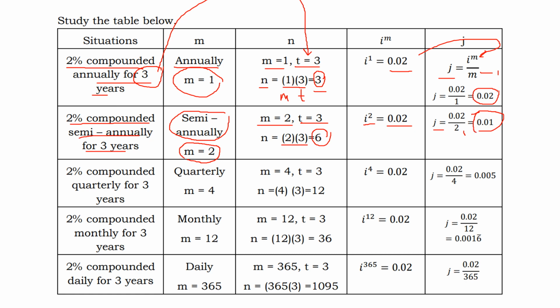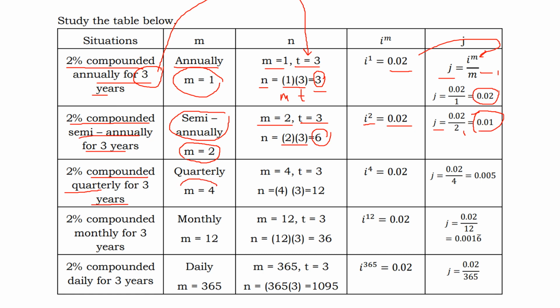In the next row, 2% compounded quarterly. Please do take note of that. There are 4 quarters in a year. When we're dealing with per quarter, it represents 3 months. So if we cut 12 months into 3 months, there are 4 sets of 3 months in a year.